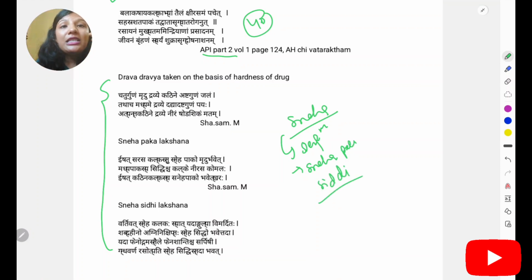If a major practical comes from your sneha, then you can write these 3 shlokas. This will give a very nice presentation to your paper, and there is a chance of getting more marks. So definition, sneha paka and sneha siddhi lakshana are important. Similarly, if any avaleha comes, then avaleha siddhi lakshana is important. So this kind of shloka you can remember.